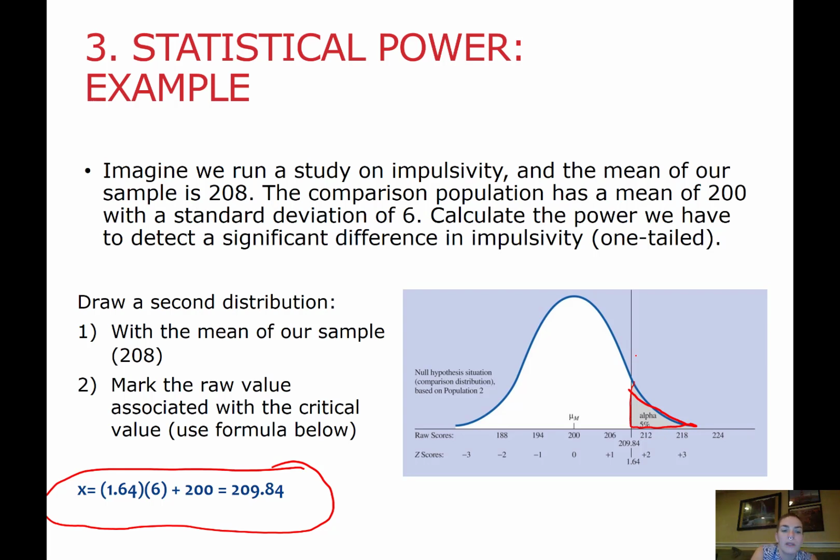So this formula here will allow me to transform my critical value from the z-scale back to its raw scale version. So in this case, the critical value of 1.64 on my null distribution corresponds to a raw value of 209.84. In other words, if my sample had a mean of at least 209.84, then I would have rejected my null hypothesis for this study.